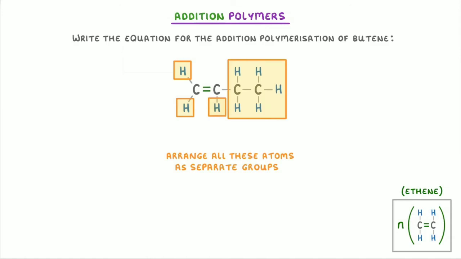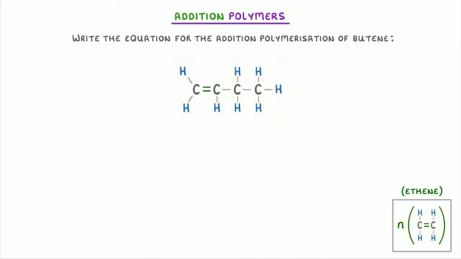And if we look back at our ethene example, we need to place them directly above and directly below the 2 double-bonded carbons. To do this for butene, let's start with our 2 double-bonded carbons, and then we'll rearrange each of the separate groups one by one, so that it's easy to follow along with what's happening.